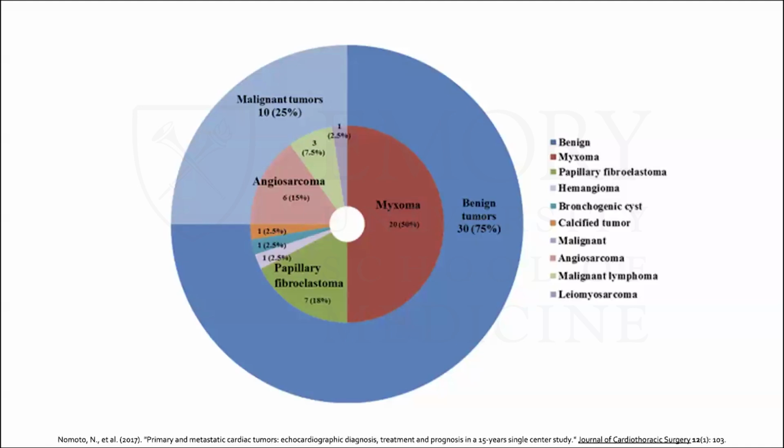They looked at all cancers in general, and only about 0.008% of all cancers were primary cardiac malignant tumors. And I think this is good news because, as you'll see, these tumors are a devastating diagnosis, and the prognosis is very, very poor.